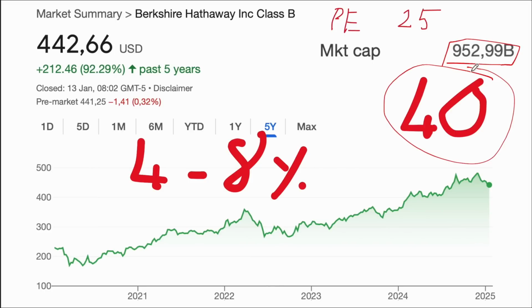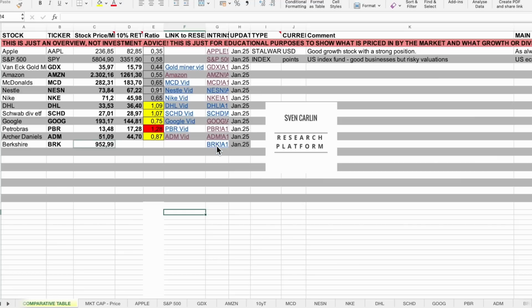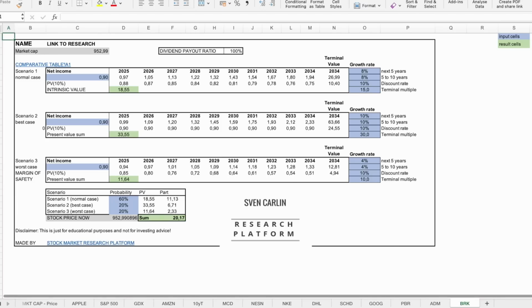Given a recession, a little bit lower. Insurance, you never know, the reinsurance there with the fires now and everything. P/E ratio of 25, let's say 1 trillion, a little bit lower market cap, and growth in the future of 8%.